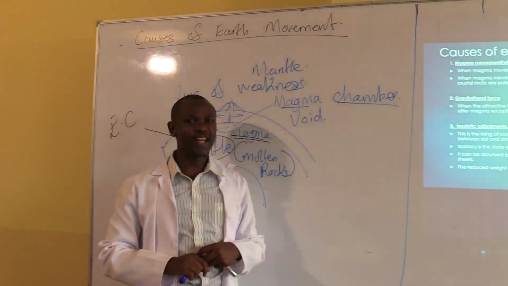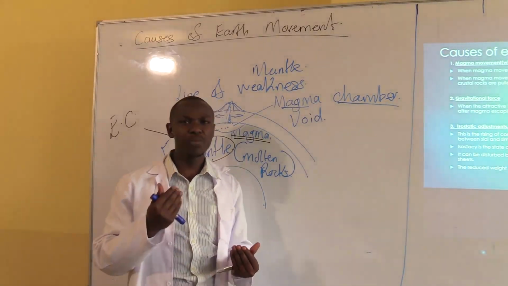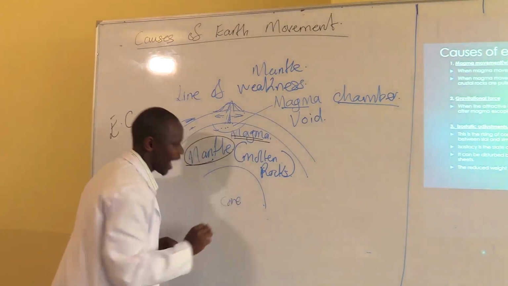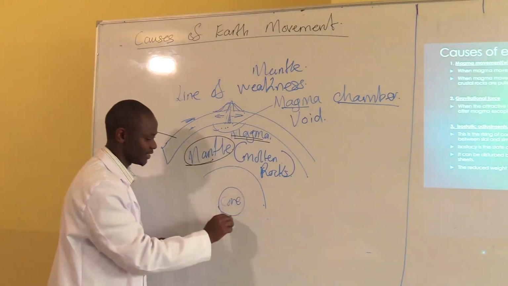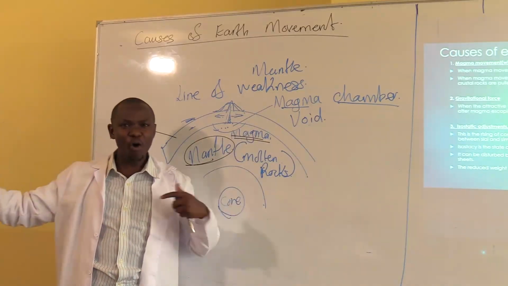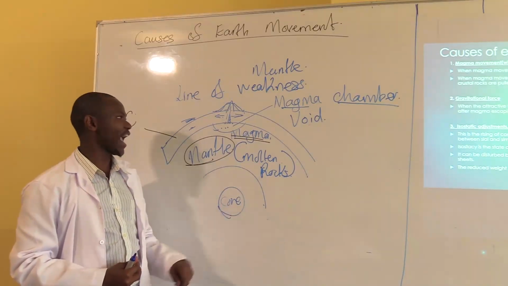Previously, we had said that gravitational force is a force which pulls everything towards the center of the Earth, which is the core, right? That's gravitational force. It attracts everything in all directions, pulling them towards the center of the Earth.